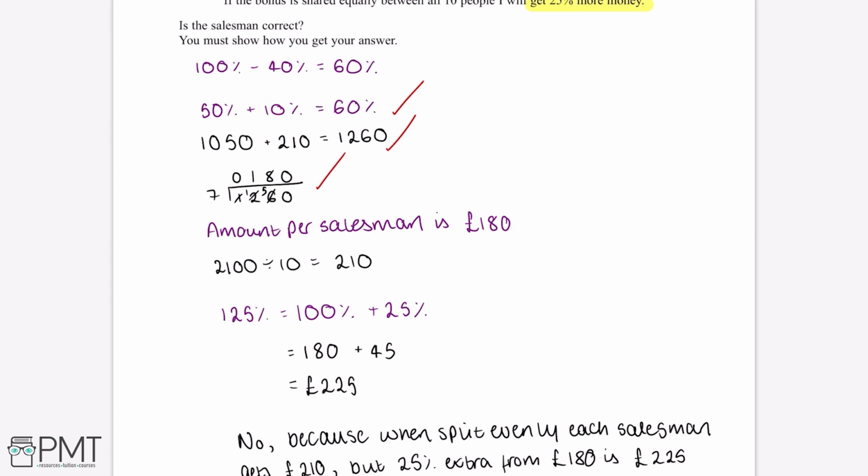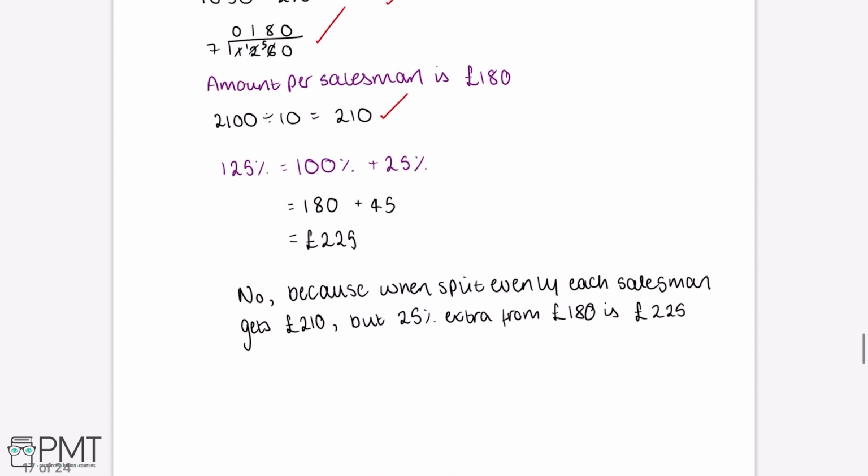We'll get our 4th mark for showing how much money each salesman will get on the second scheme. And we'll get our 5th mark for a final summary statement, stating that no, they will not get an extra 25%, along with the supporting evidence.